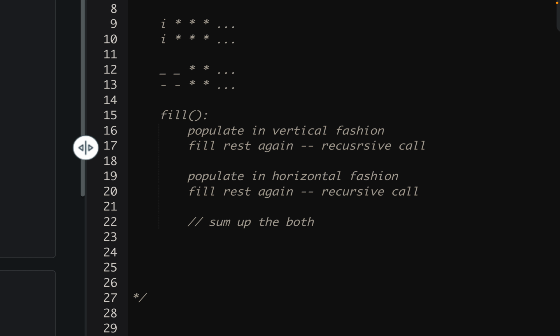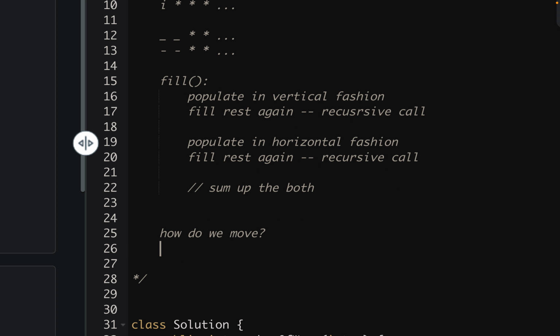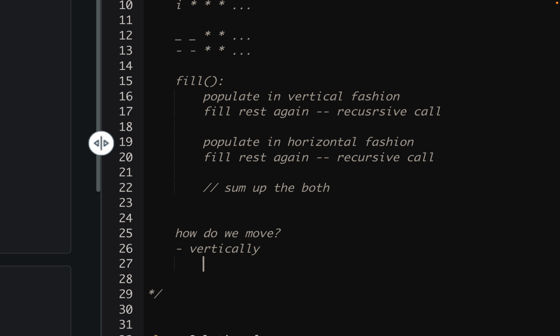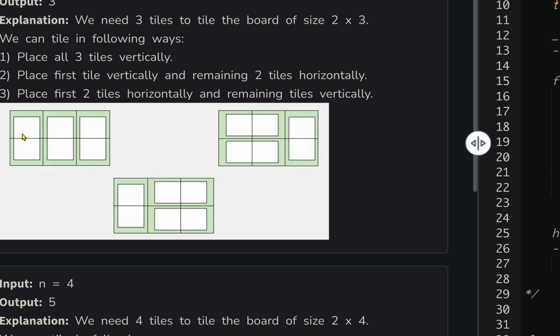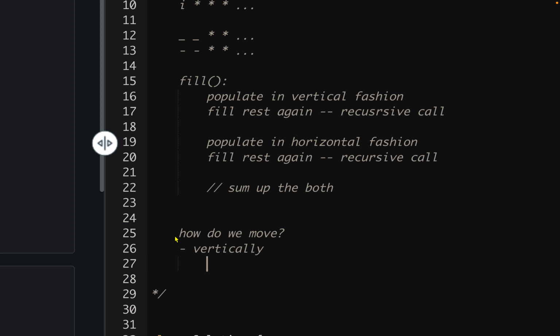So let's trace how we move. One thing comes to my mind: if I'm moving vertically, what is my position then? If I'm moving vertically and everything is good, like I am proceeding in a way where it is possible to put a vertical tile, which is almost always possible if there exists a space, then I am moving vertically.